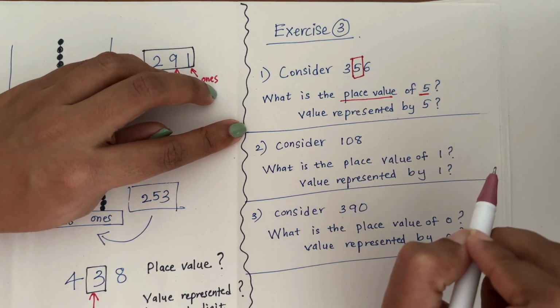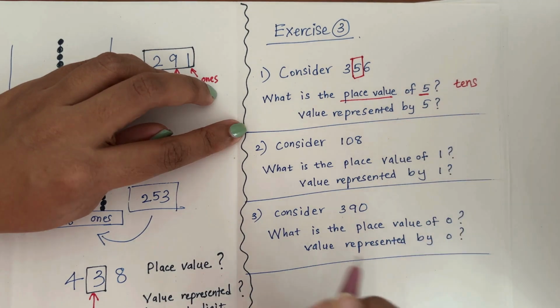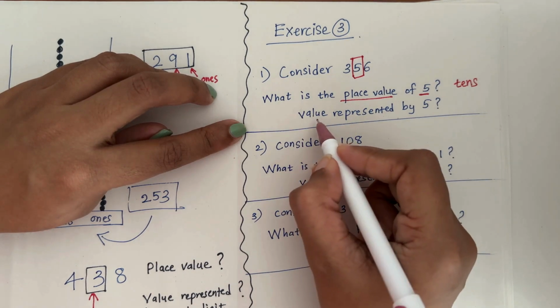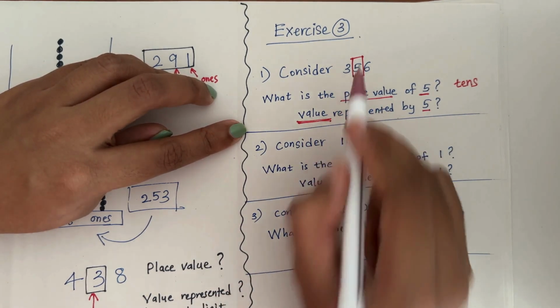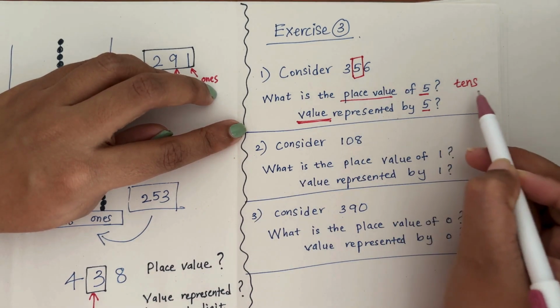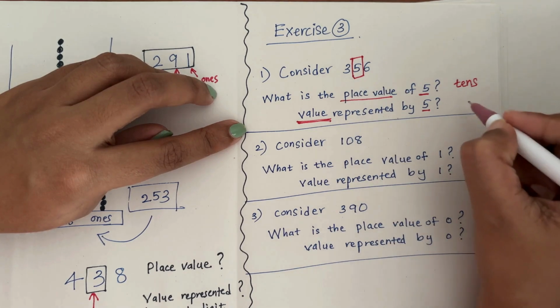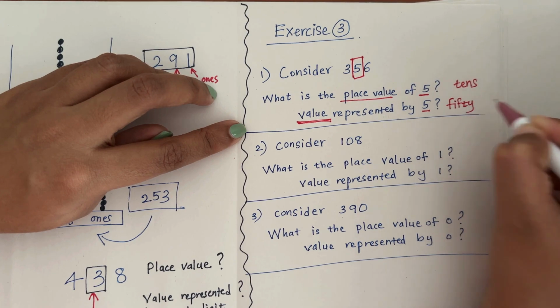What is the place value? It is in the tens place. Now they are asking what is the value represented by 5. It is in the tens place. The digit is 5. It is 50. Okay, 50.